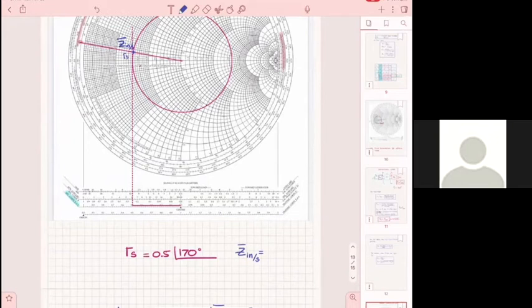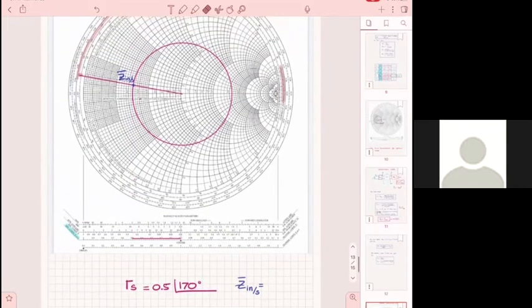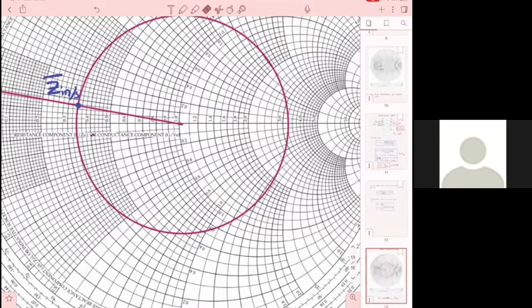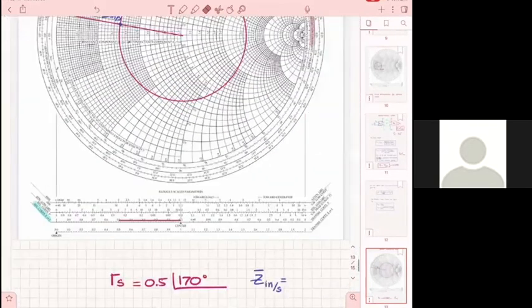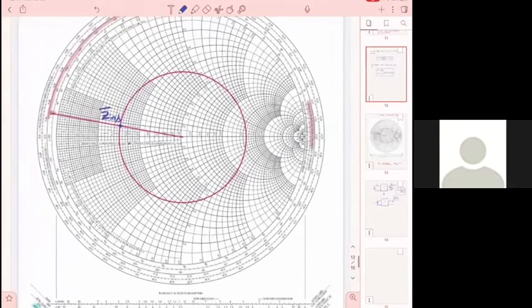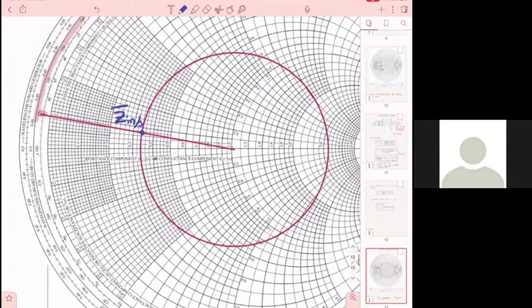Approximately. I can't really see, but is it point 3.4? Oh, okay. Yeah, it's point, say, 34. All right, the resistive part is 0.34. And the reactive part? It's plus j 0.08, I think.